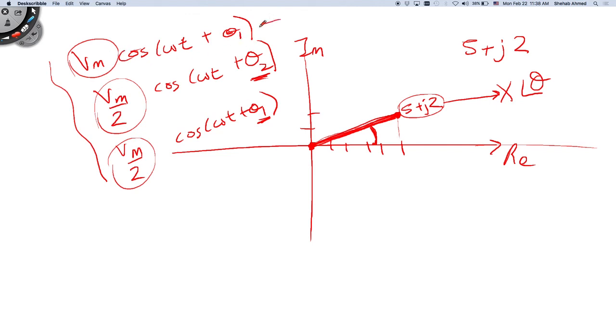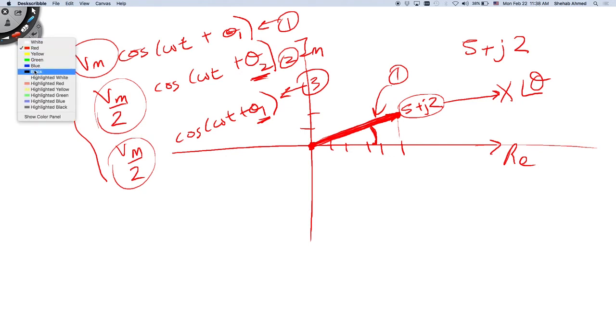These two, this one and this one, are in phase. So I would draw this one as 1, 2, 3. This is 1, for example. It is also 3, but 3 has half the magnitude. So this would be waveform 3. How about waveform 2?